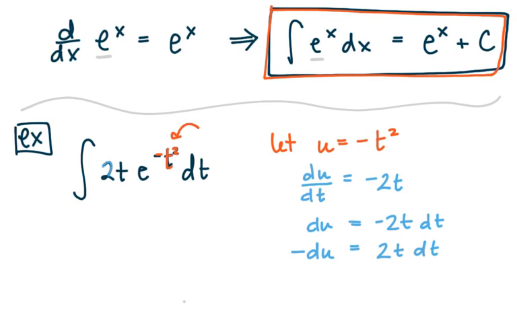And I see that 2t dt in my original problem. So I can rewrite this integral as e to the u times negative du.